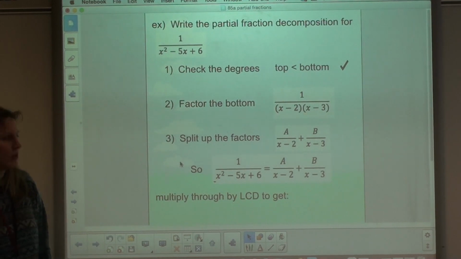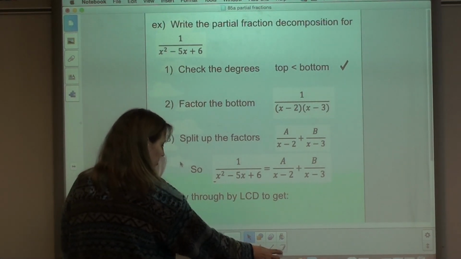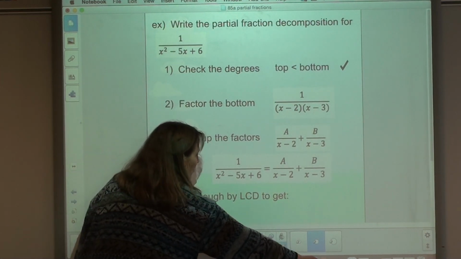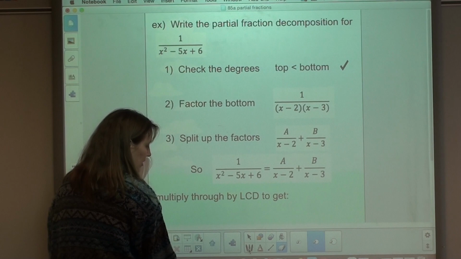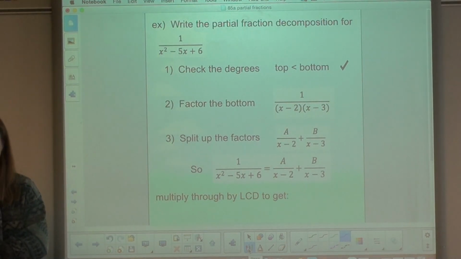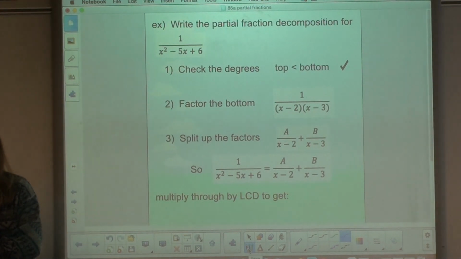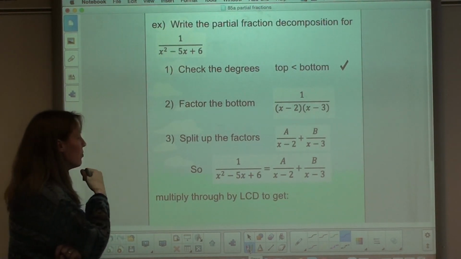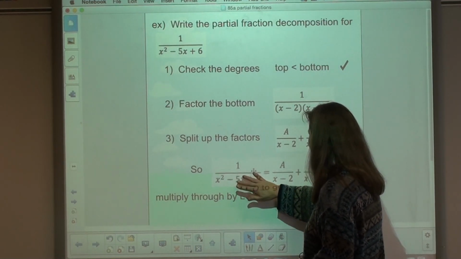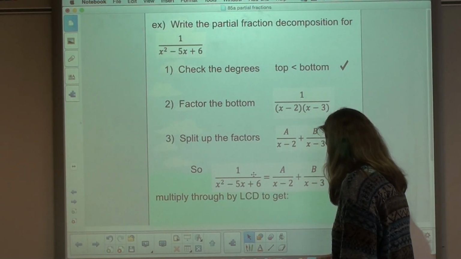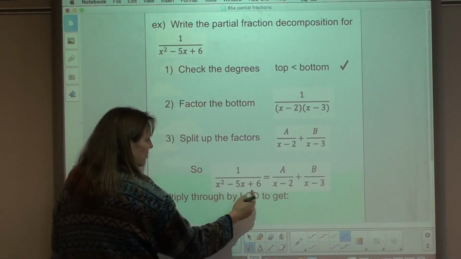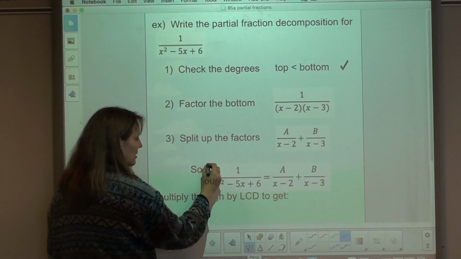And we have to solve the equation. Does anyone remember how to solve a rational equation? What the first step is? Yeah, so you want to multiply every term by the LCD, and I'm going to move this down a tiny bit and write this small. Just in case you've forgotten how to do this, the LCD for this is x minus 2 times x minus 3.